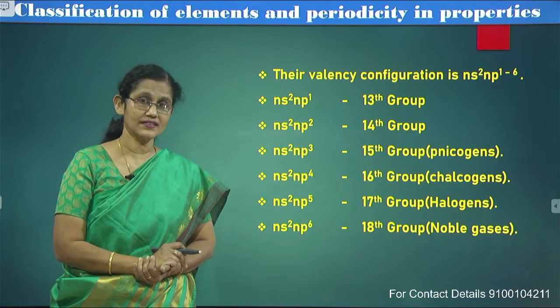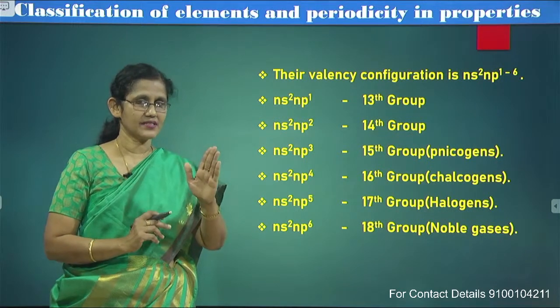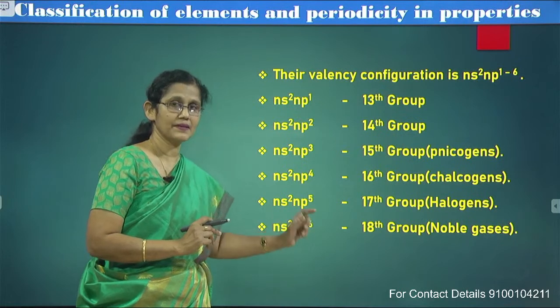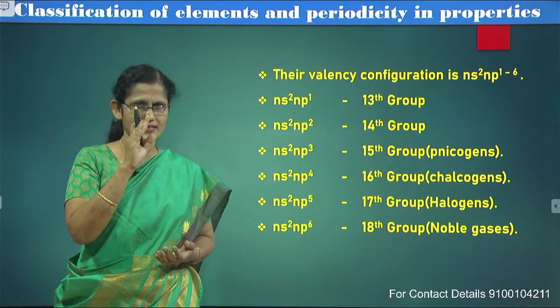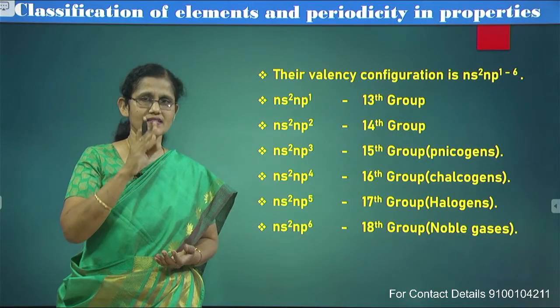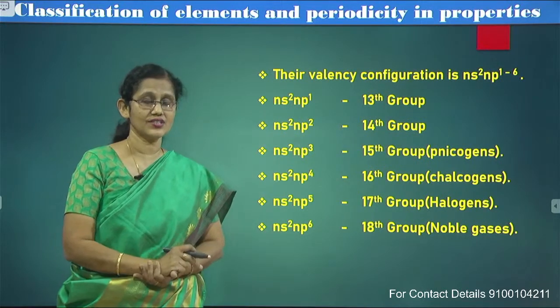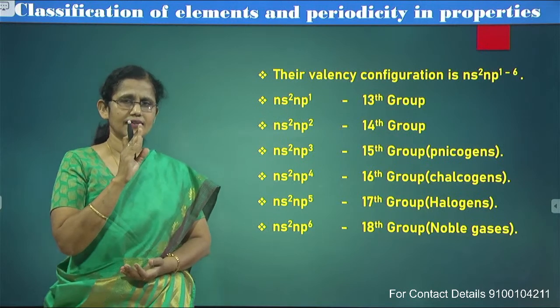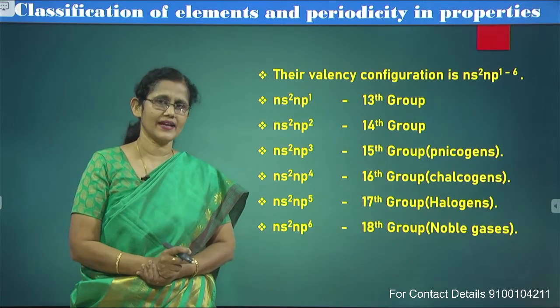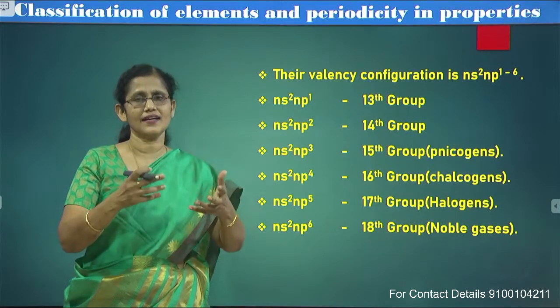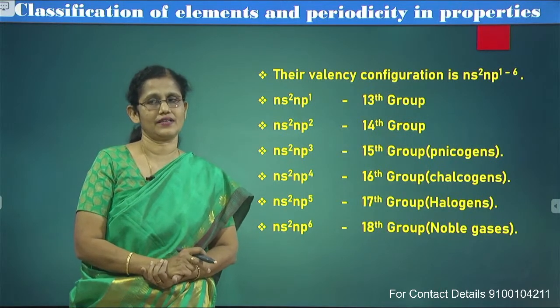Why are they called inert gases? Because they have a stable ns2 np6 octet, which is complete. Except helium, all noble gases have a stable octet configuration in the valency shell. So, they cannot readily take part in reactions. If you want to remove one electron, very high ionization energy is required, right.